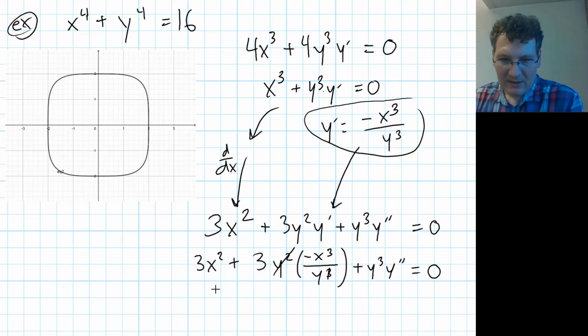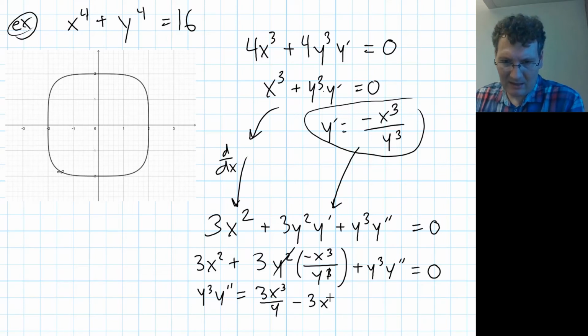And so let's put this other stuff on the right. I'll have y to the third y double prime equals 3x to the third over y minus 3x squared. And then I can just divide everything by y to the third.